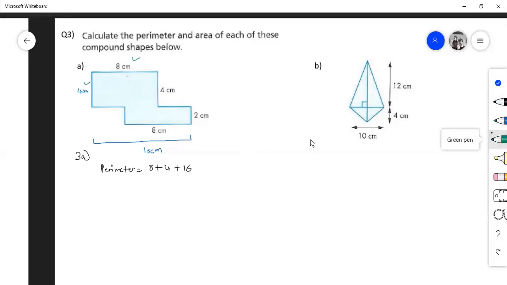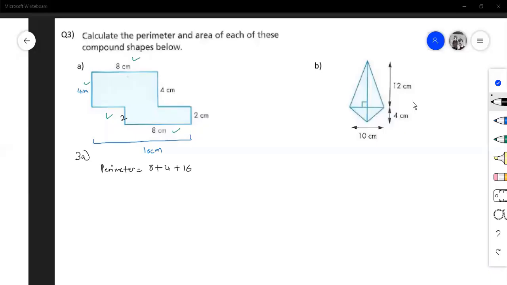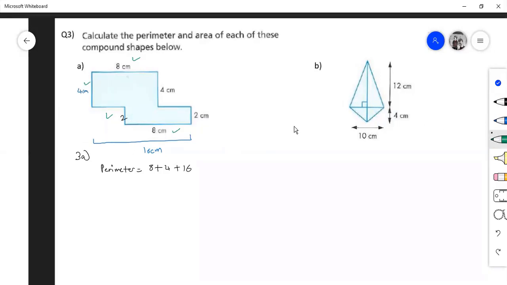We haven't done this one here, so we need to do this here. That will be basically 2 cm. Give me a moment here. Okay, so 8 plus 4 plus 16, which is the total length. Then you notice the small tiny pieces there, which is just a 2 here. So I'm going to go plus 2. Then here I have another 2, so I'll just go plus another 2 there.